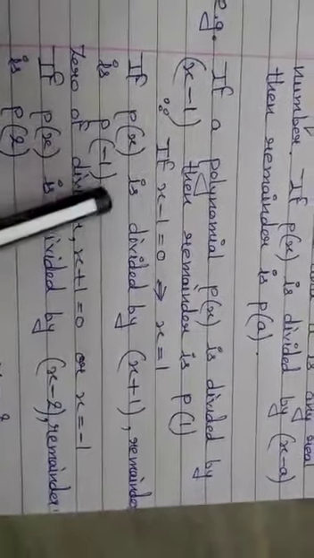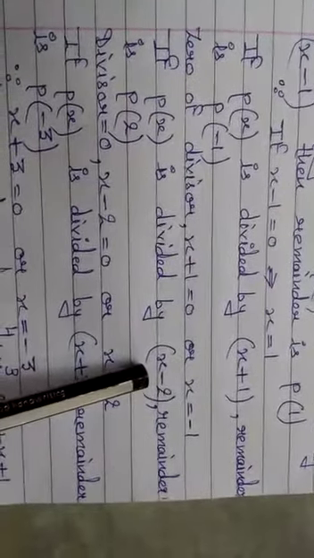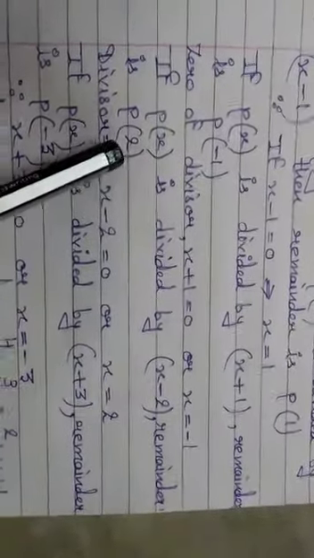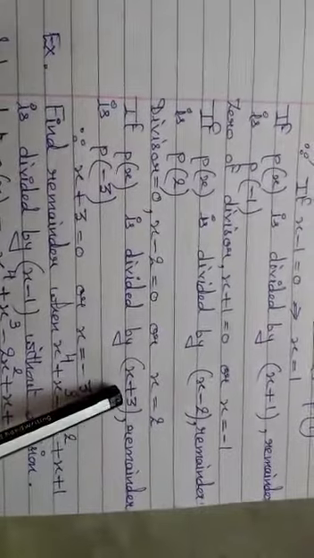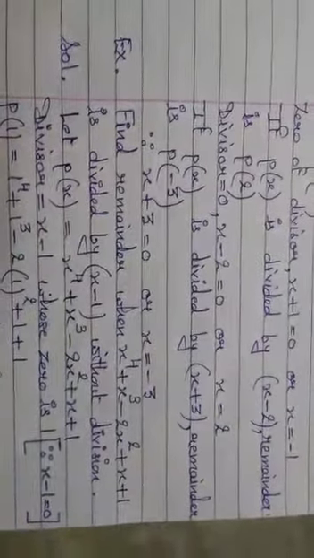So in place of x, we have to put minus 1. If it is divided by x minus 2, then value of x will become 2. So in place of x, we have to put 2. If P(x) is divided by x plus 3, then value of x will become minus 3. So in place of x, we have to put minus 3.